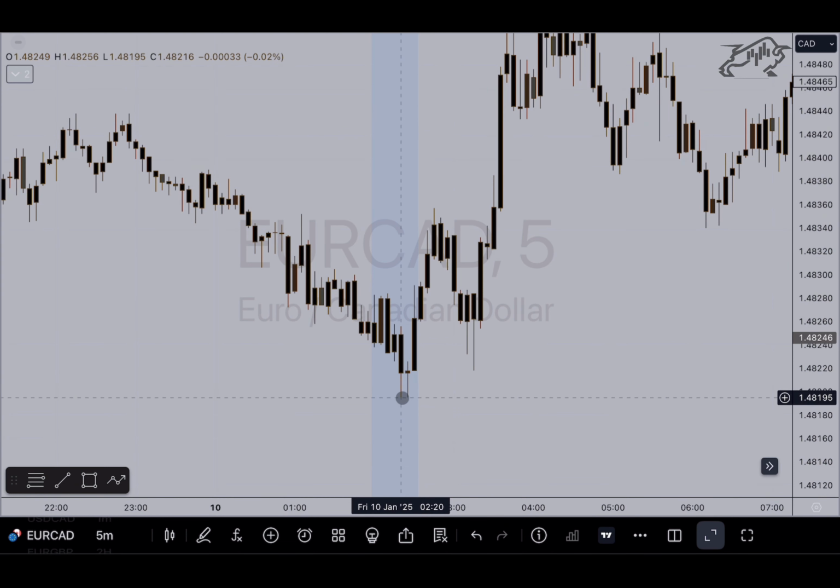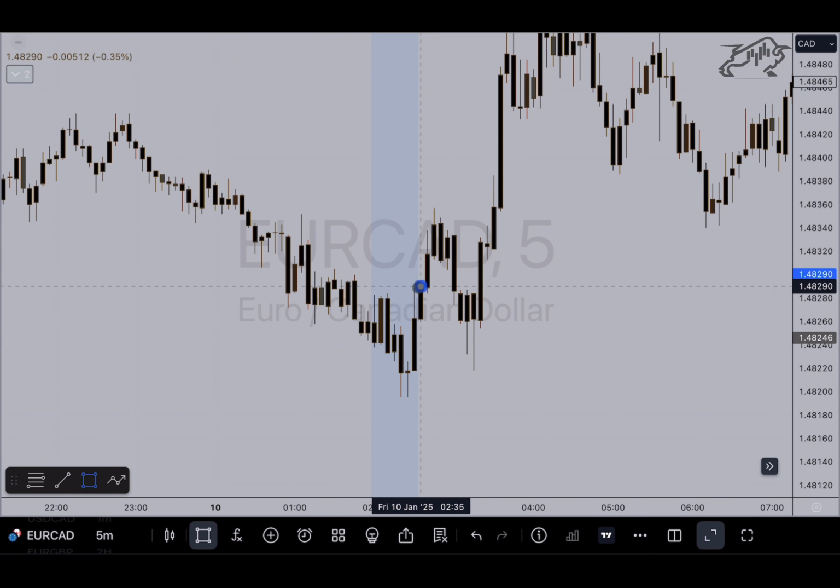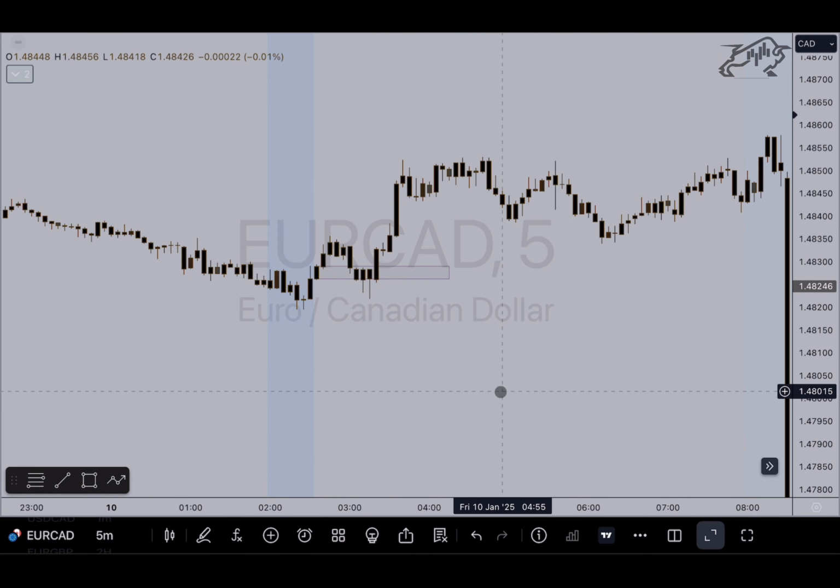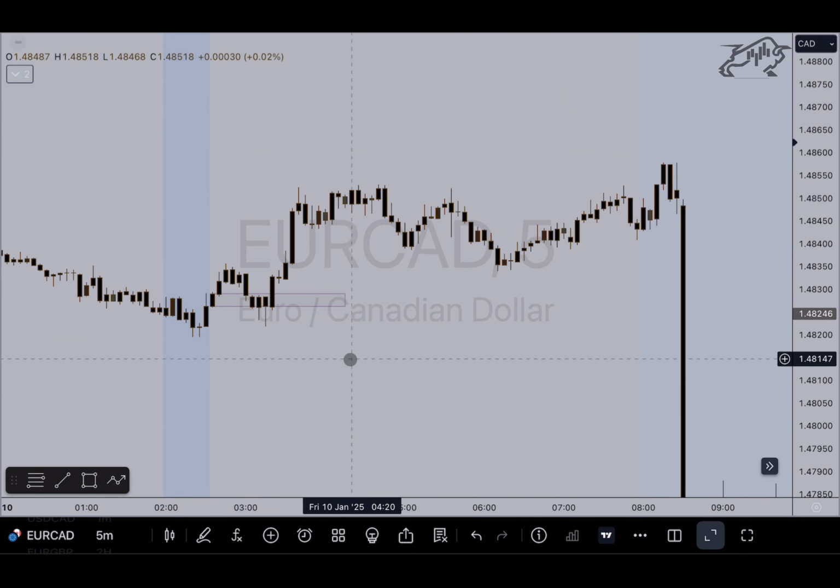Okay, and if we zoom in a little bit more on this one, we have the low in the initial balance, and we have the high. Which one is breaking above the high? This one. Now, we label it.